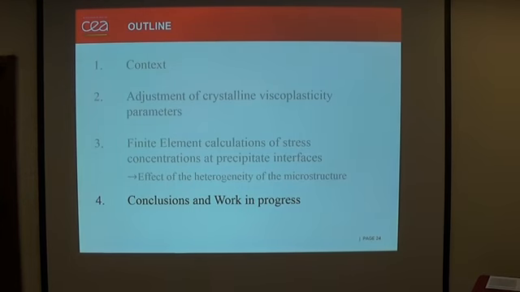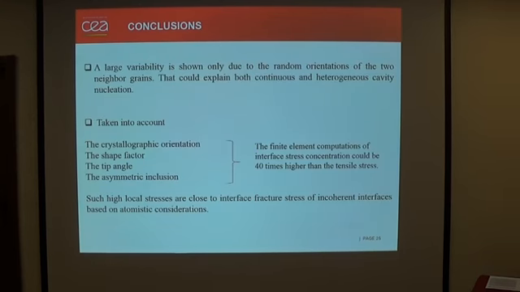Okay, we'll soon finish. It will be the conclusion and work in progress. So the conclusion is, first, the variability is shown only due to the grain orientations of the two neighboring grains. It could explain both the continuous and heterogeneous cavity nucleation.